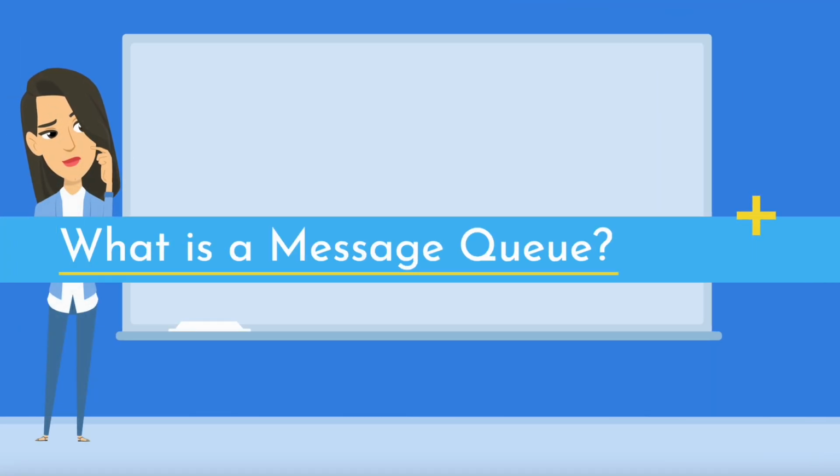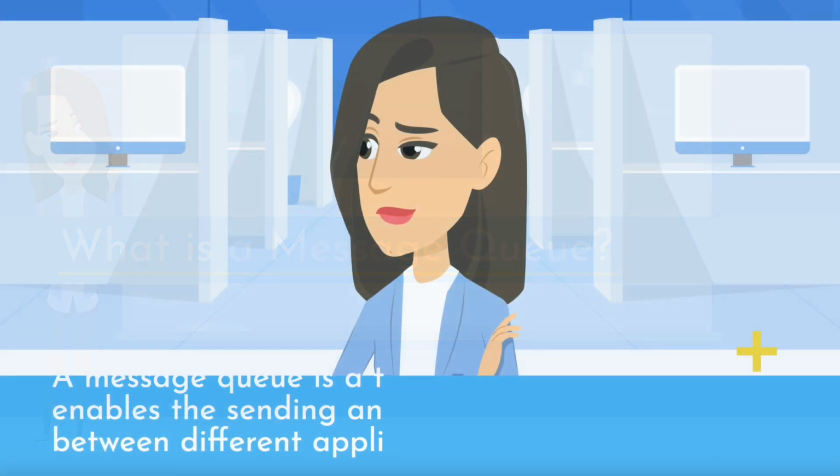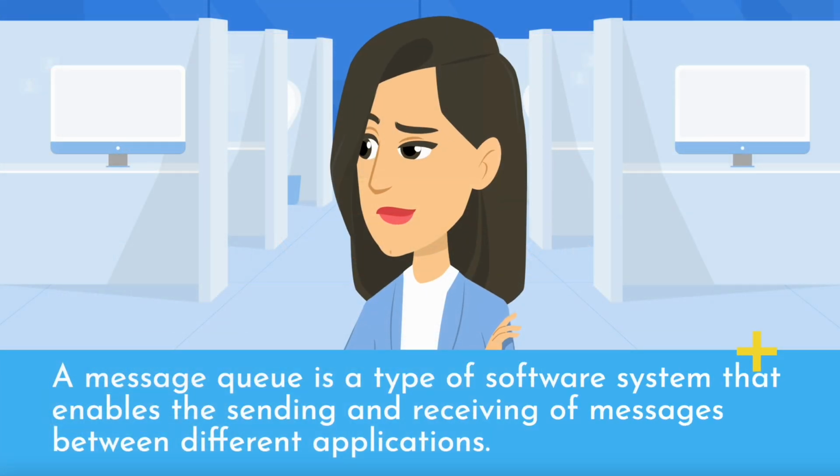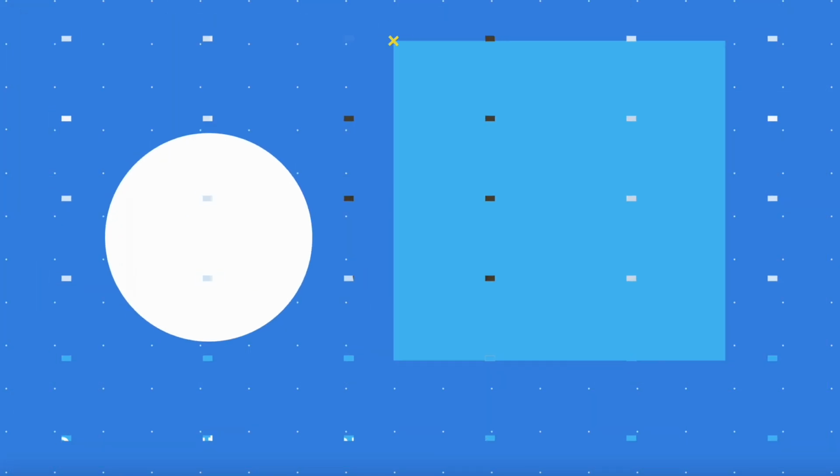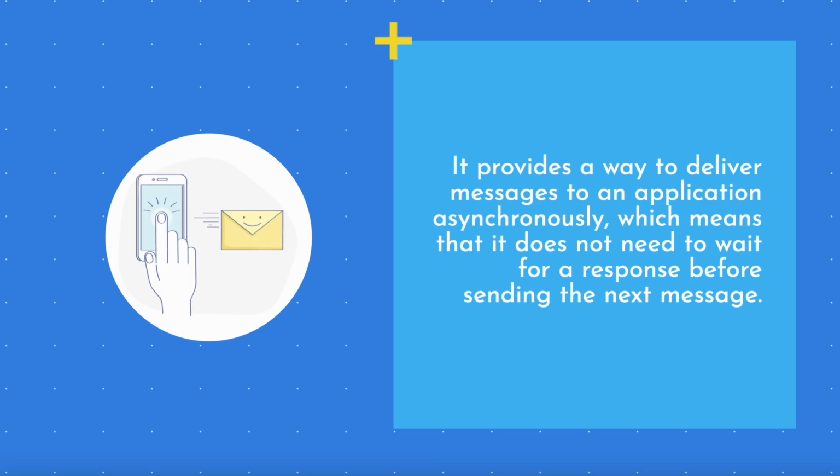What is a message queue? A message queue is a type of software system that enables the sending and receiving of messages between different applications. It provides a way to deliver messages to an application asynchronously, which means that it does not need to wait for a response before sending the next message.